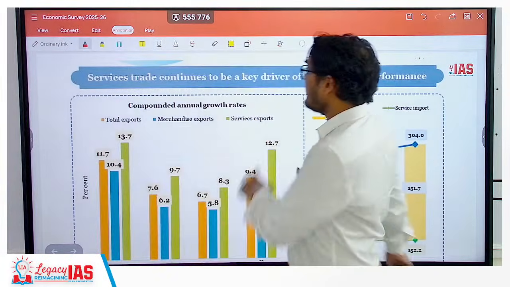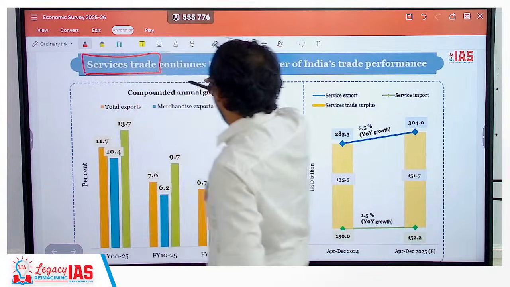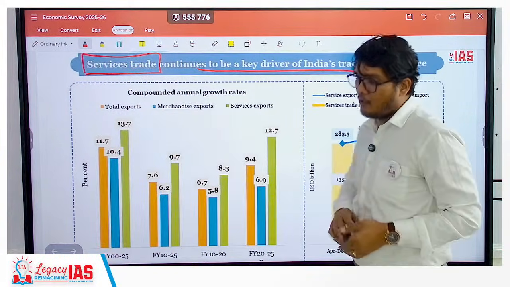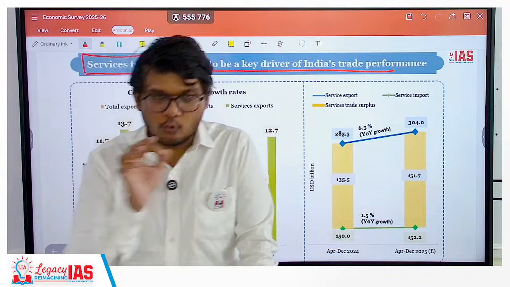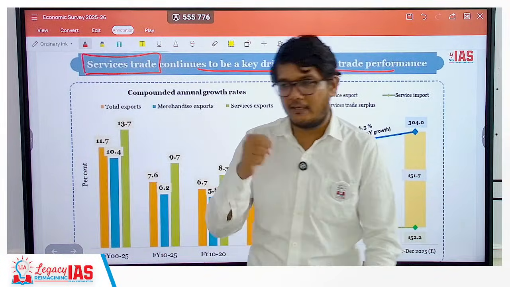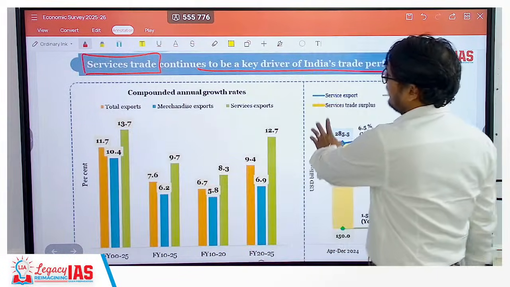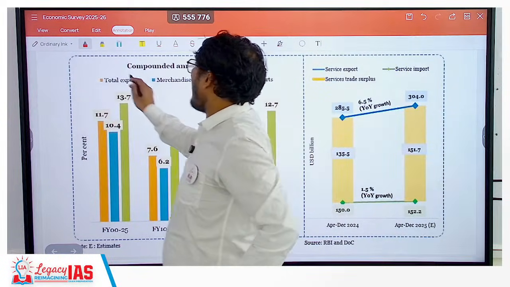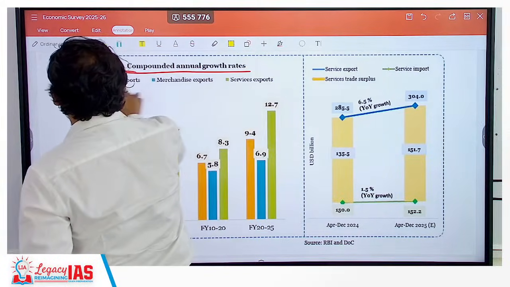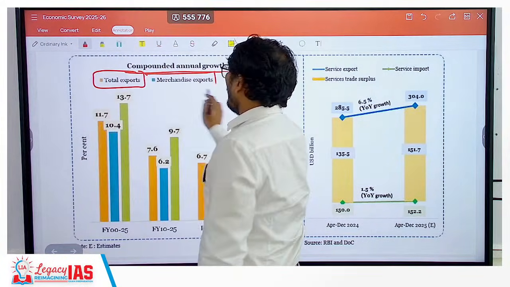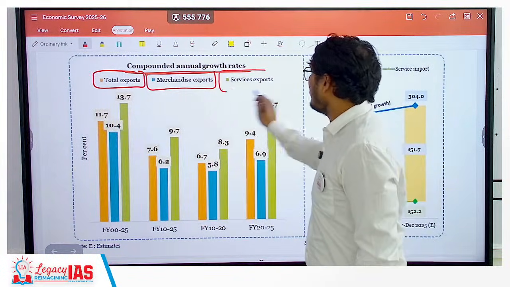Sorry. Yes. Next is the services trade. This services trade continues to be a key driver of India's trade journey. As I said, with respect to goods and services, it's the service sector in which we have a stronger or better capability. If you look at the compound annual growth rate, the yellow tells us about total exports, blue denotes merchandise exports, and green denotes service exports.